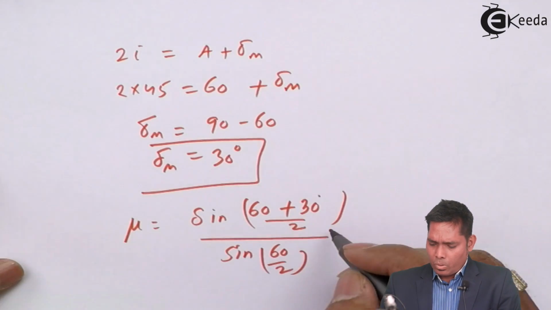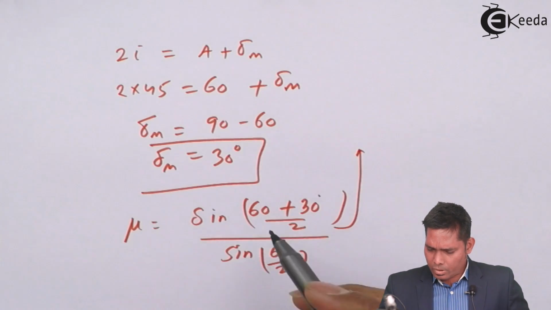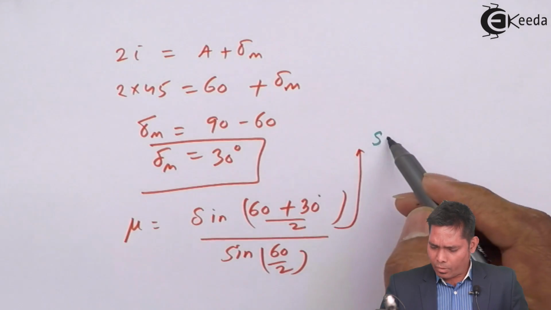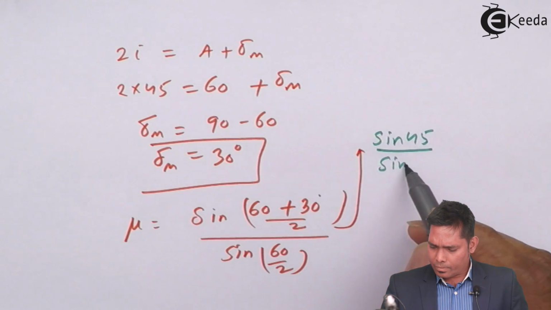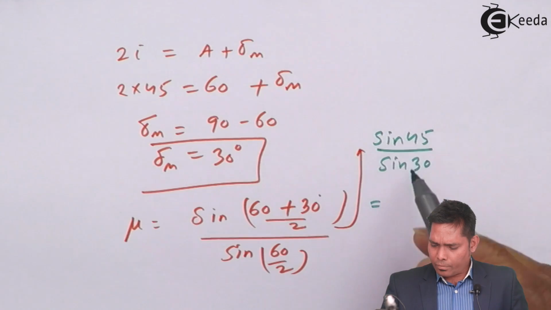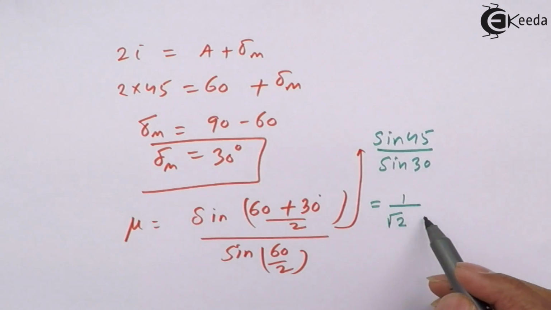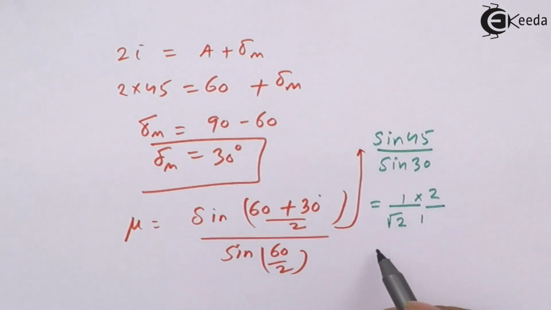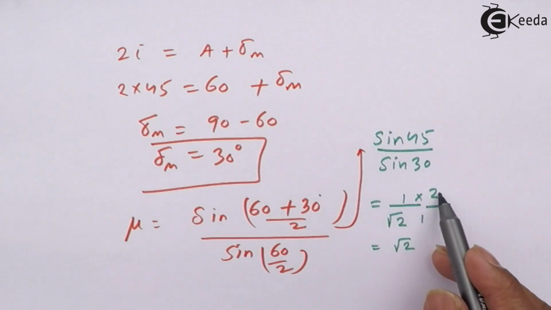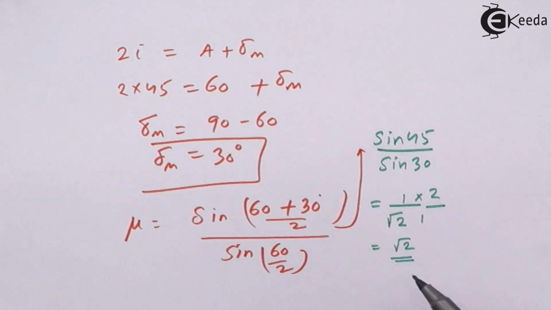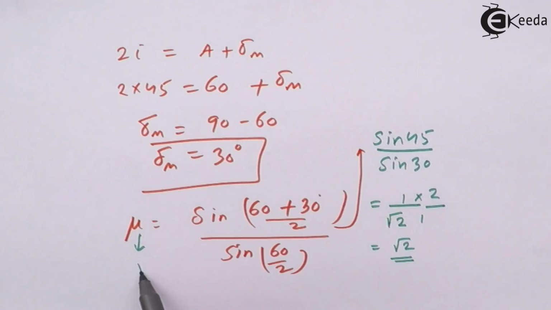Now mu can be obtained from here: sine 90 by 2, sine 45 divided by sine 30. Sine 45 is 1 over root 2 and sine 30 is half, so 1 by root 2 divided by 1 by 2. The 2 cancels with the root 2 and gives root 2. So this is 30 and mu comes out to be root 2.